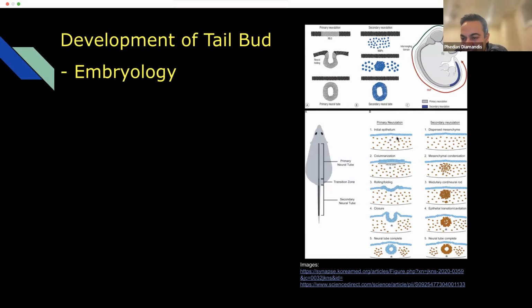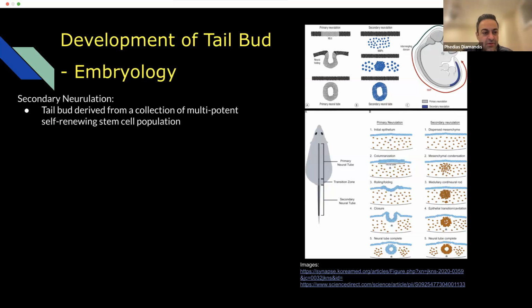Again, here's just another nice little diagram highlighting the difference between primary neurulation and secondary neurulation. And this is why these events occur in isolation from the primary neural tube defect. So again, it's really formed from a collection of multipotent self-renewing stem cells in the lower part of the spine.